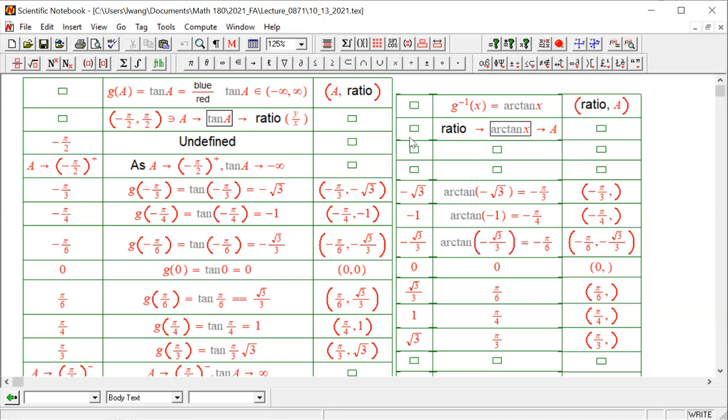I want you guys doing it. Arctan of 0 is 0. And arctan of 1 equals pi over 4. I didn't do it exactly the same way with other functions, but you could have done it this way too.